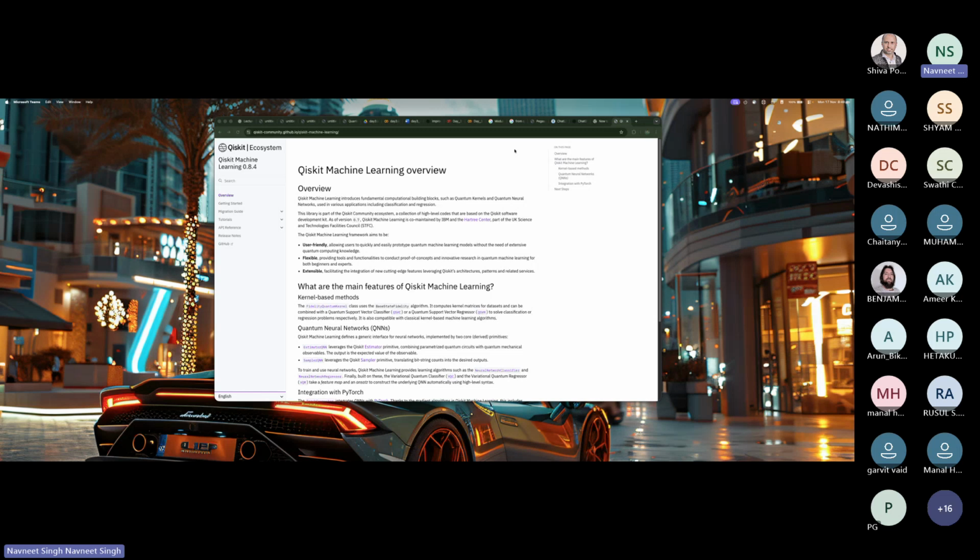So you cannot say that because it works on fake Manila, it will also work on another computer. We use fake backends when we actually want to deploy. Before that, we want to see how our model will behave on that particular computer.